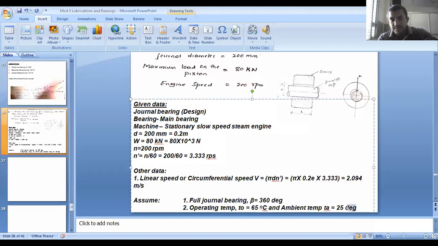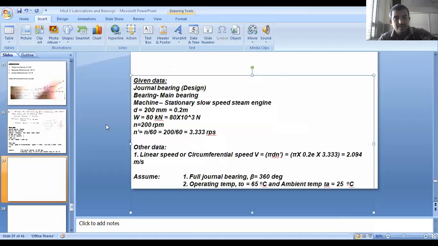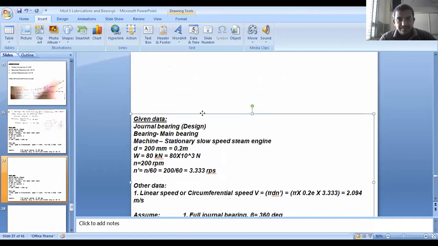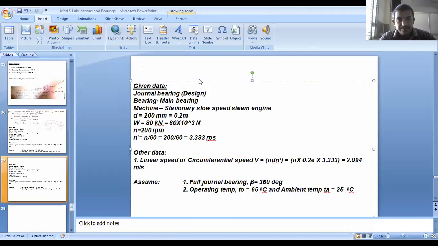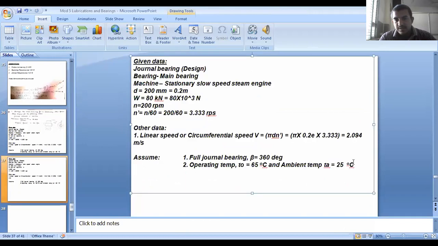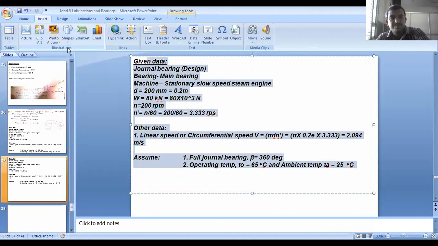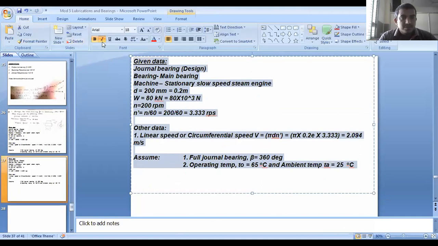Yes. Next. Now you go according to the procedure. So what is the first step?